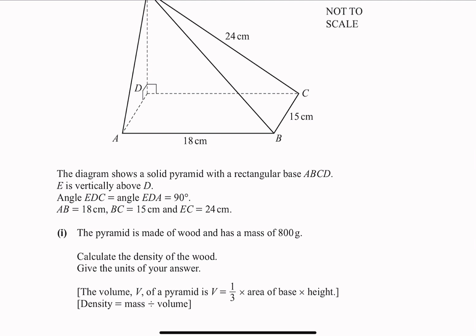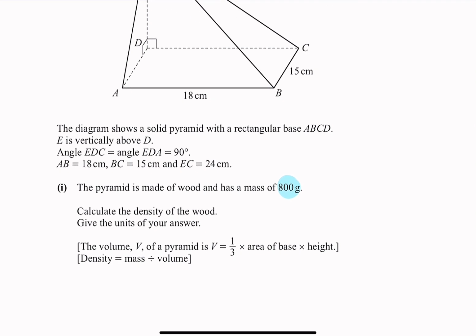The pyramid is made of wood and has a mass of 800 grams. Calculate the density of the wood. Give the units of your answer. The volume of a pyramid is equal to 1 over 3 multiplied by the base area multiplied by height, and density is equal to mass over volume.